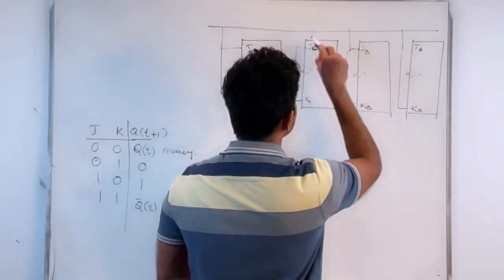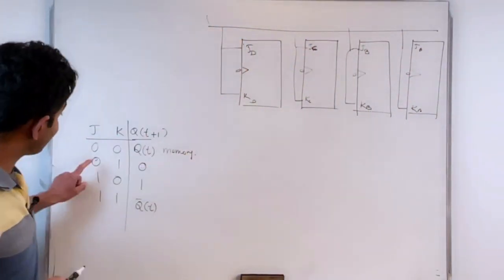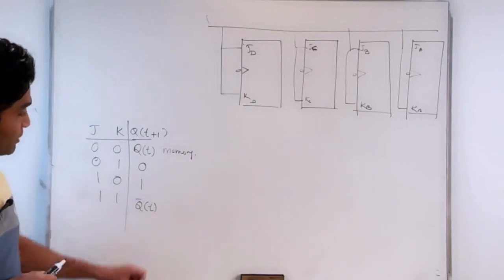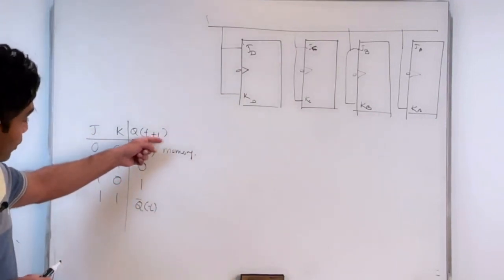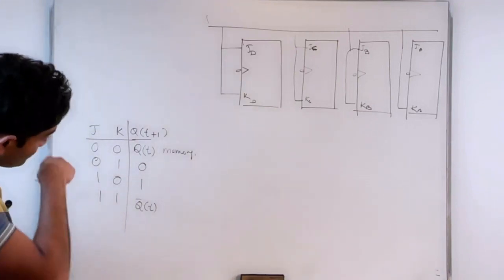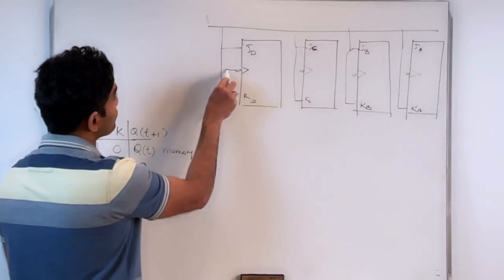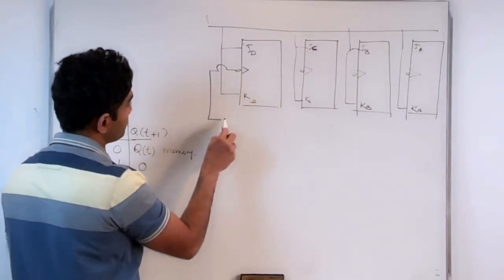So basically we configured each of the flip-flops in the toggle state by applying a 1 on my J and K values. So that's why, with every new clock pulse, I get the toggled value of the previous output value.